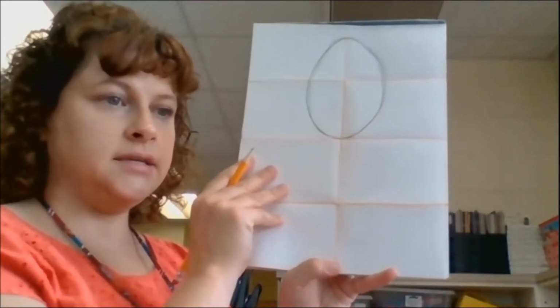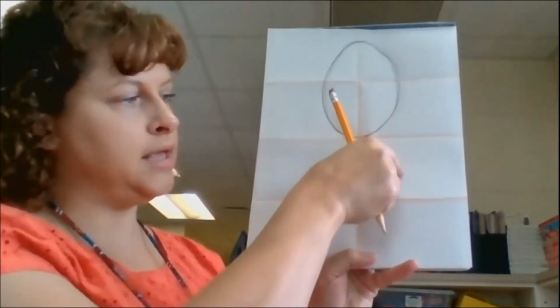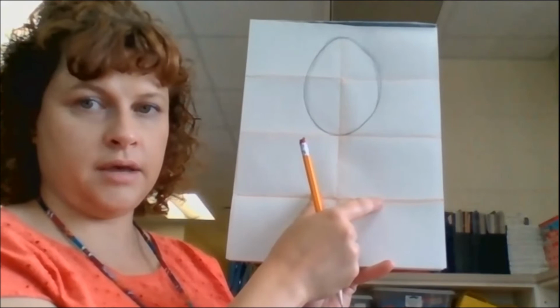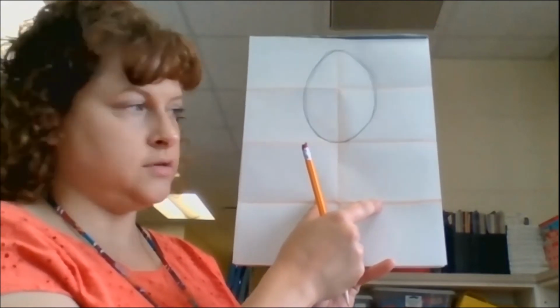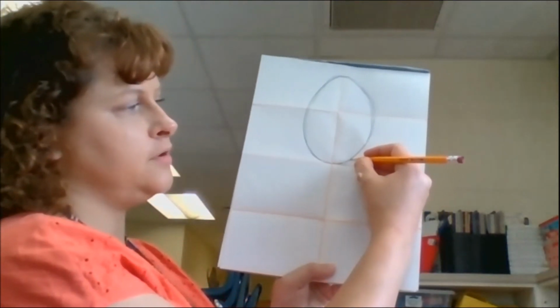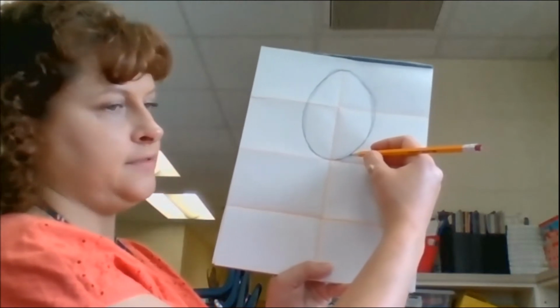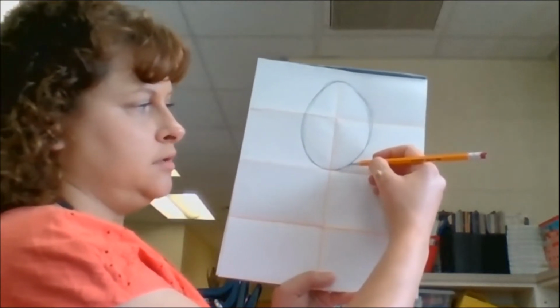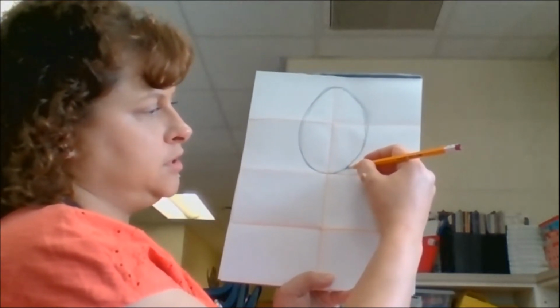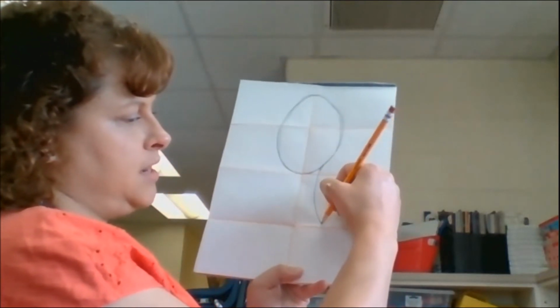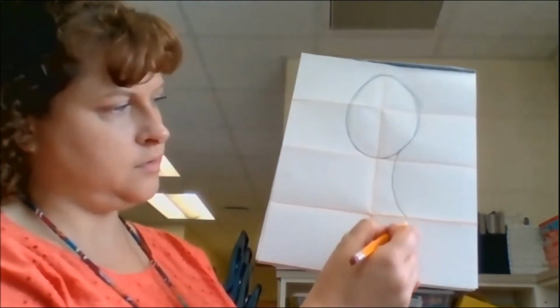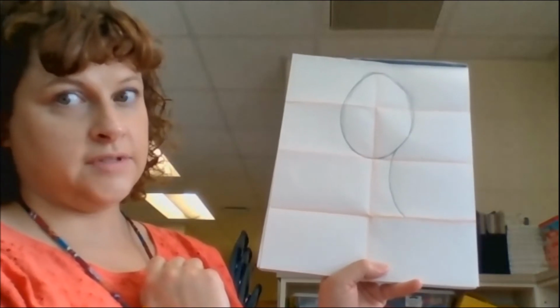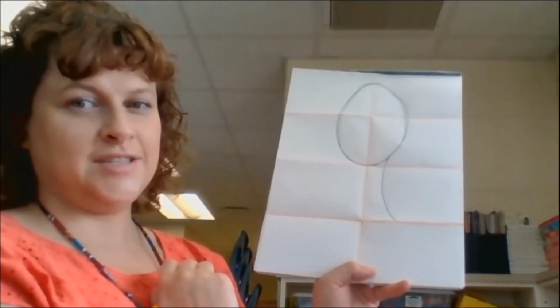Now the neck is going to come the whole length of this box down here, this third section. So right up here under the chin, or just to the left of the chin, we're going to bring that neck down. It's half as long as the face is, so that's what stretches it out.